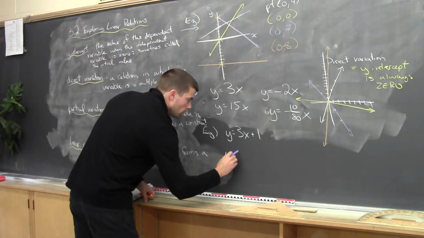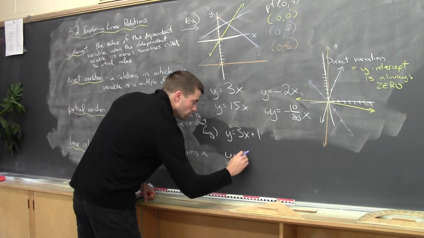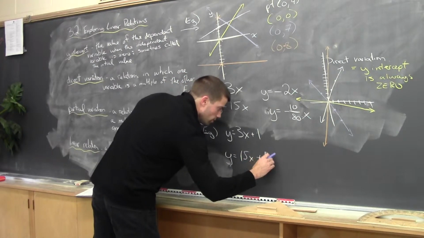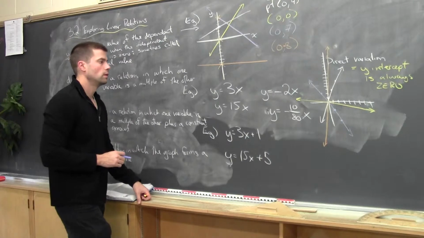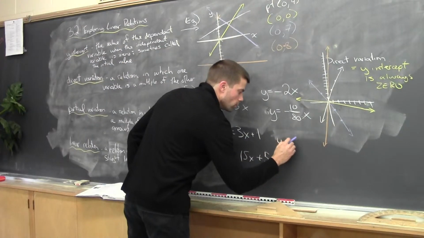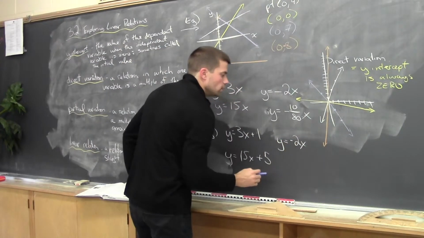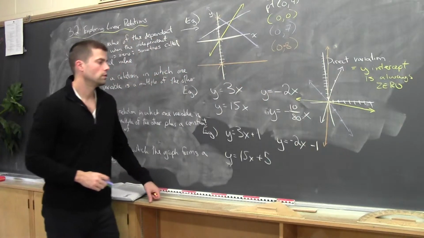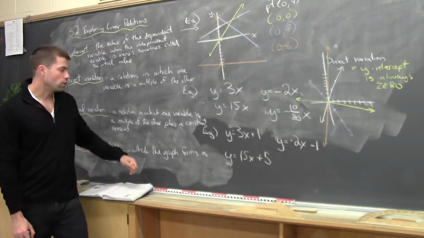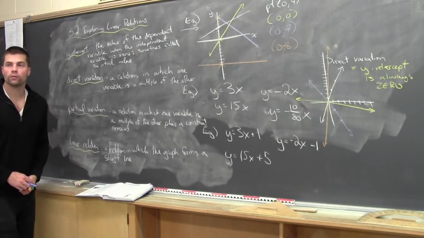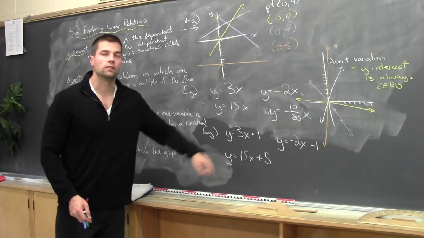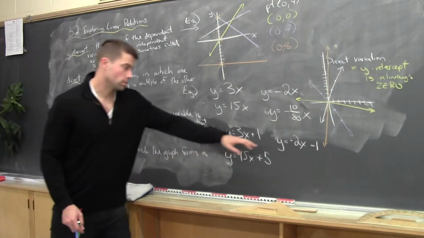I can do y equals 15x plus 5. Y equals negative 2x minus 1. Okay? All of these are examples of partial variation where we have a component that's direct plus this other number. Or it could be subtracted as well.